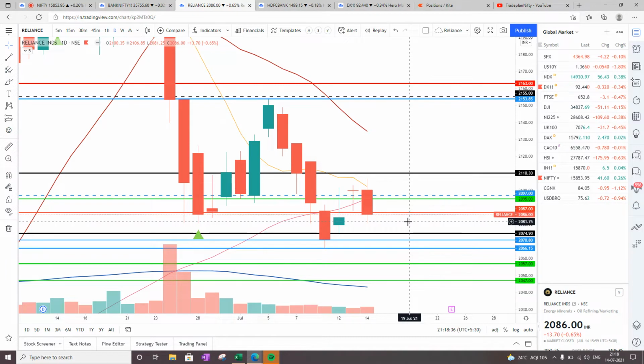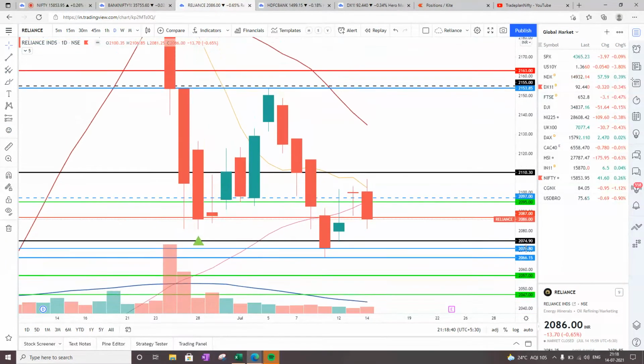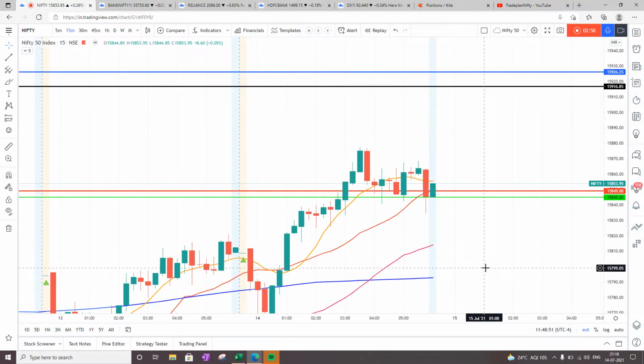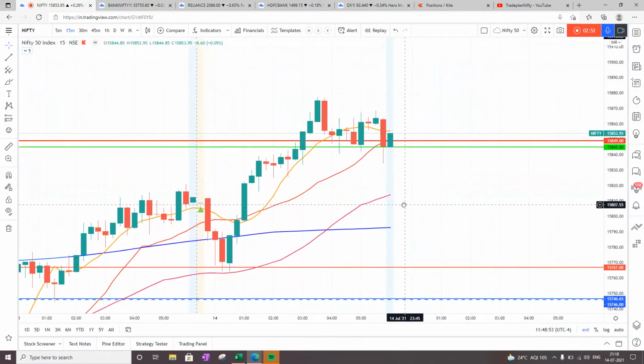We need to see how Reliance is going to deal tomorrow. HDFC Bank is almost forming a doji, so again nothing much big movement here. And the story of today was the IT sector, where the IT index moved almost by 3%. So Reliance is not supporting, HDFC Bank is almost neutral, and IT had a very good run today.